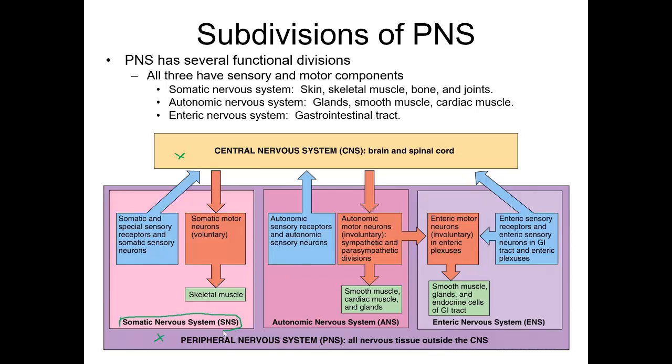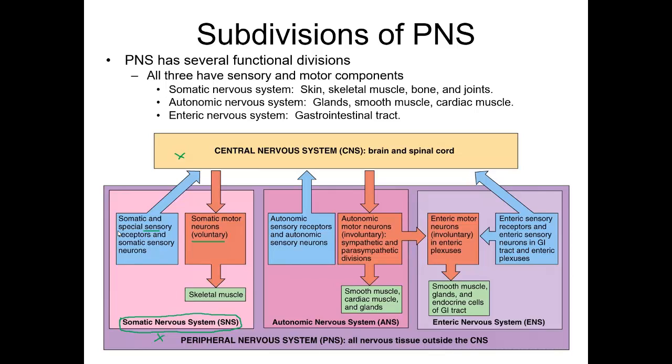Now, the somatic nervous system consists of voluntary functions. So under the somatic nervous system, you have the somatic sensory division as well as somatic motor division. So under the somatic sensory division, you have the sensory receptors that are located in the integumentary system.